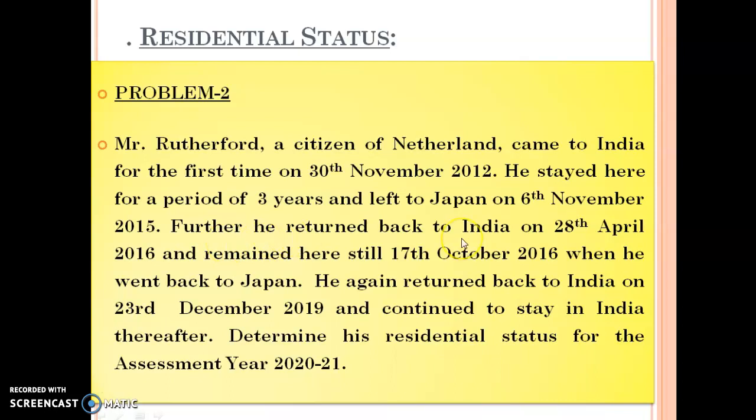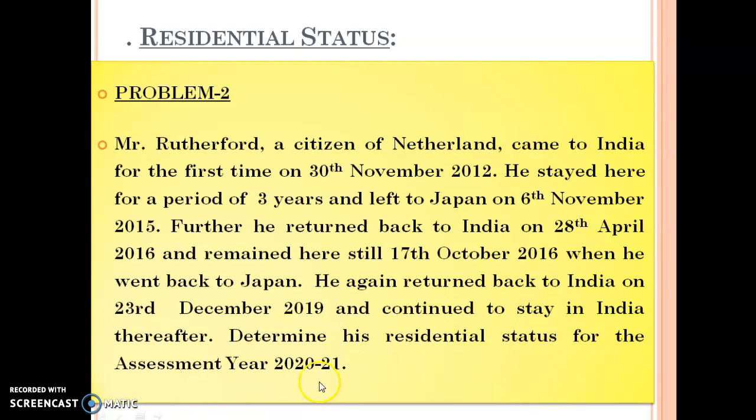Further, he returned back to India on 20th April 2016 and remained here till 17th October 2016, when he went back to Japan. He again returned back to India on 23rd December 2019 and continued to stay here thereafter. Determine his residential status for the assessment year 2020-21.